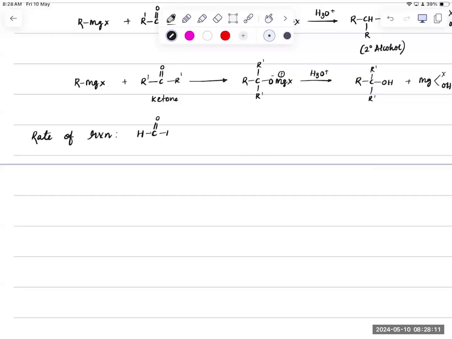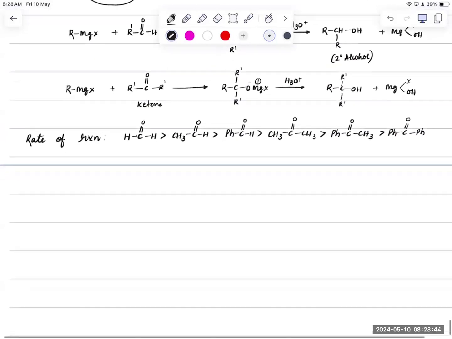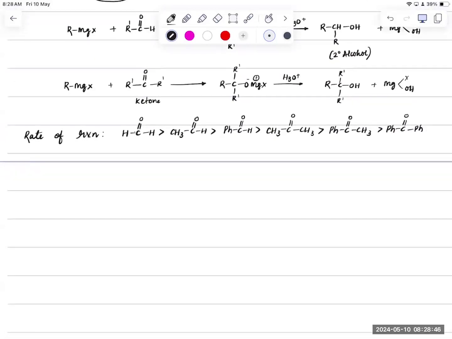That means formaldehyde is much more reactive compared to acetaldehyde, compared to benzaldehyde, compared to simple ketones, then benzene-based ketones, and finally two-side benzene ketone, diphenyl ketone. Yeah, this is how the rate of reaction would be.